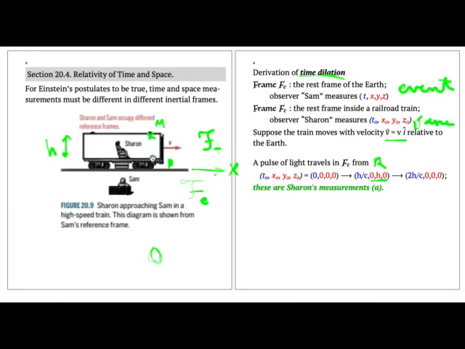It has a little light source, like a light bulb, and it also has an electronic eye, which, when it receives light, will make a click or some sort of observable event. These are the same point. So this is the point where the reflected light is received.